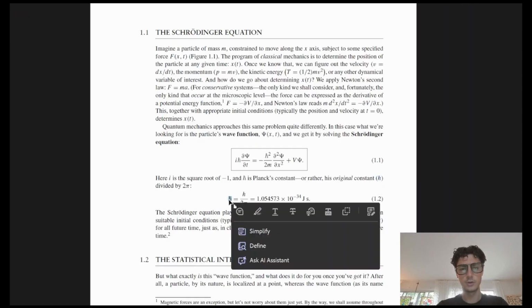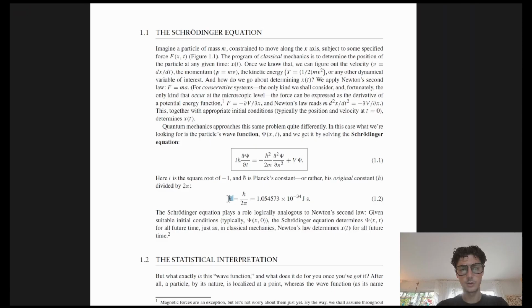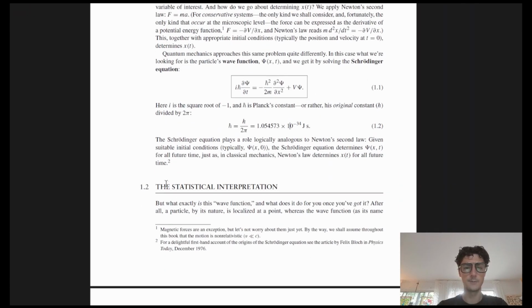So here they show you Planck's constant. I think this is called the reduced Planck constant. This is the original Planck constant, h. If you divide h by 2 pi, you get the reduced Planck constant, and that is equal to this number here, 1.054573 times 10 to the negative 34. The units are joule seconds, so joule times seconds. Joule is a unit of energy, second is a unit of time.